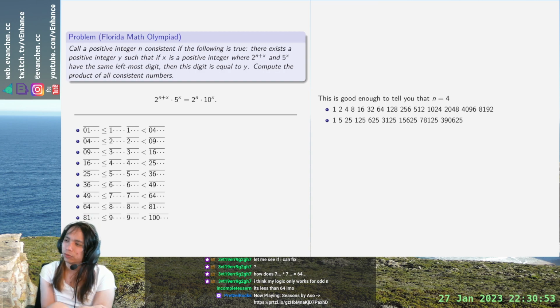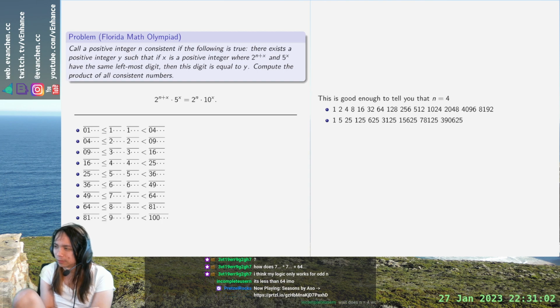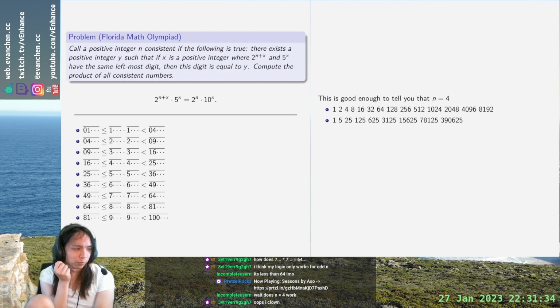If it starts with 6-4, it could be like two numbers whose first digit was 2 or something like that. Right. Damn. Does n equals 4 work?